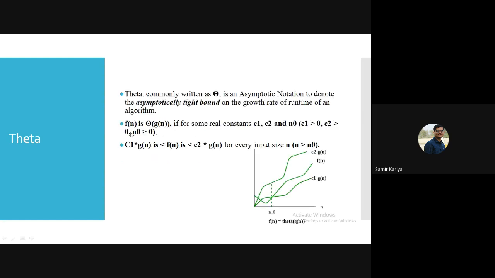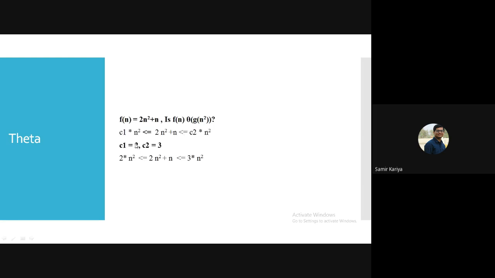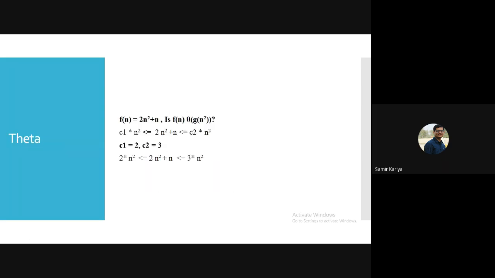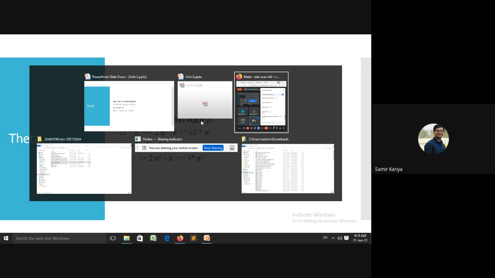By the definition, c1 into g of n is less than f of n, which is less than c2 into g of n. Choose the constants to any value, and your function is correct. That's why theta of n square is correct. We have seen a similar example in the last lecture. But now I want to give a simple answer. Let me open my notepad.